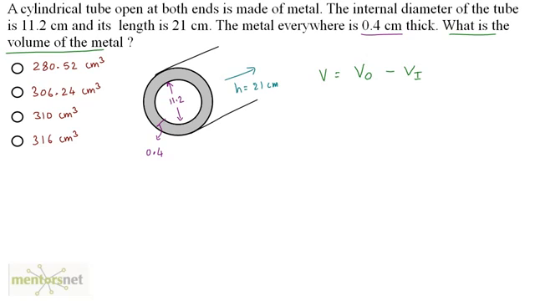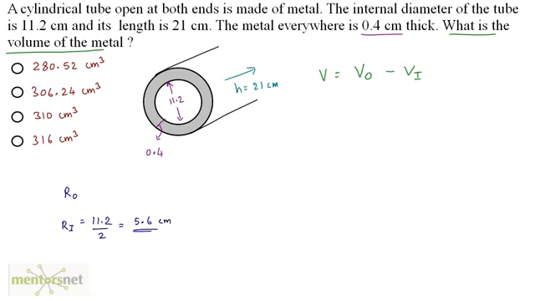Now to calculate the volume of the outer cylinder and the inner cylinder, you have to find out the radius of the outer cylinder and the radius of the inner cylinder. So you have been given the diameter of the inner cylinder, that's 11.2, so the radius is 11.2 by 2, and that is equal to 5.6, and this will be in centimeters.